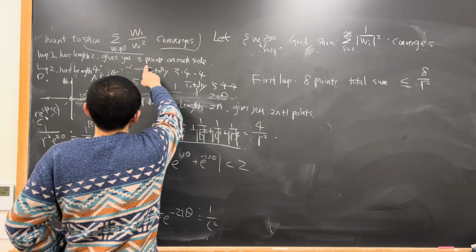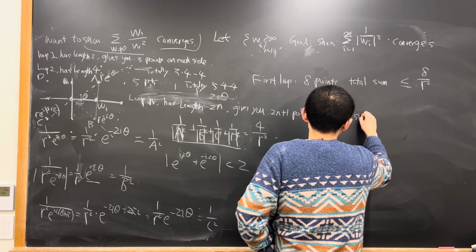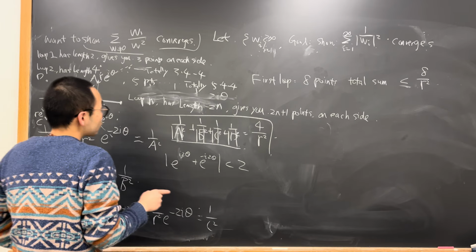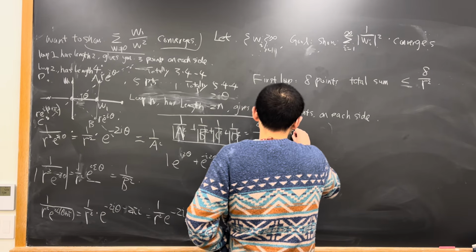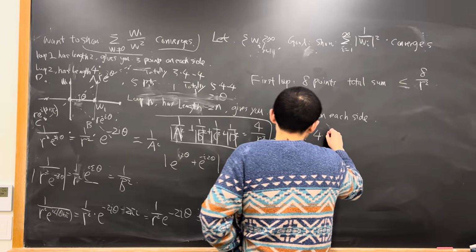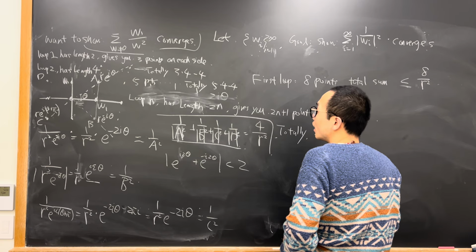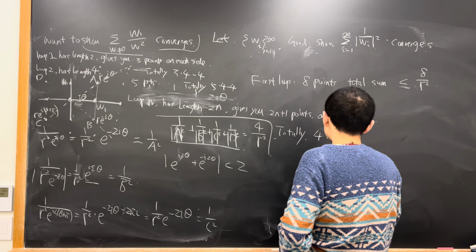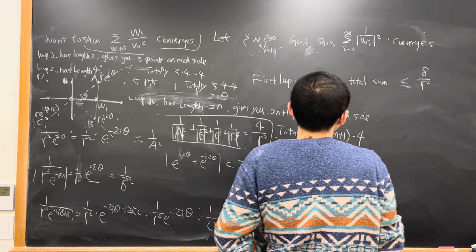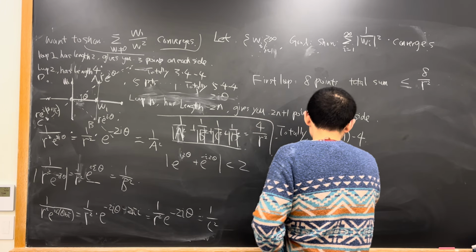And then on each side, so totally it is 4 times (2n plus 1) minus 4, which is 8n.